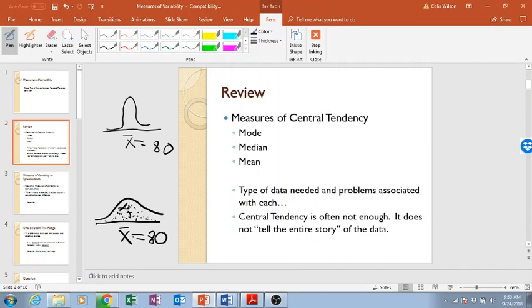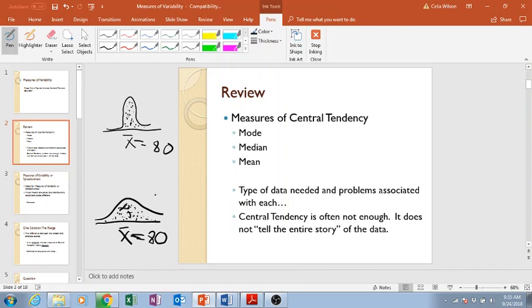So these are all people, and when we looked at it together, it was a mean of 80. And the same thing up here, except now the scores are more bunched together. So imagine you're given a piece of information and that information is the mean. This group of people has a mean of 80 and this group of people has a mean of 80.